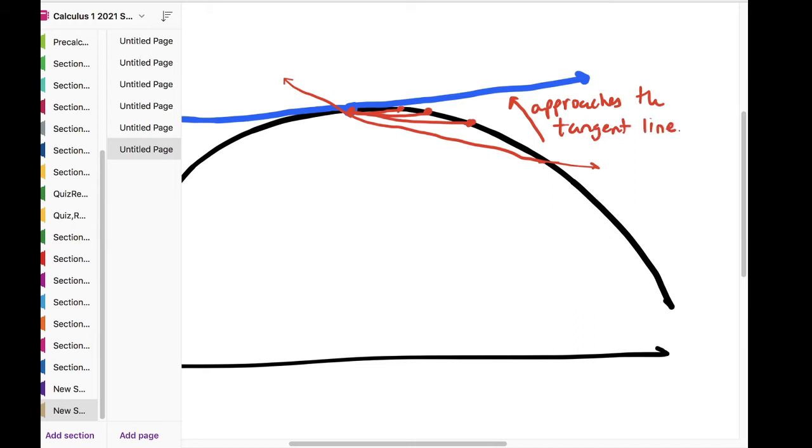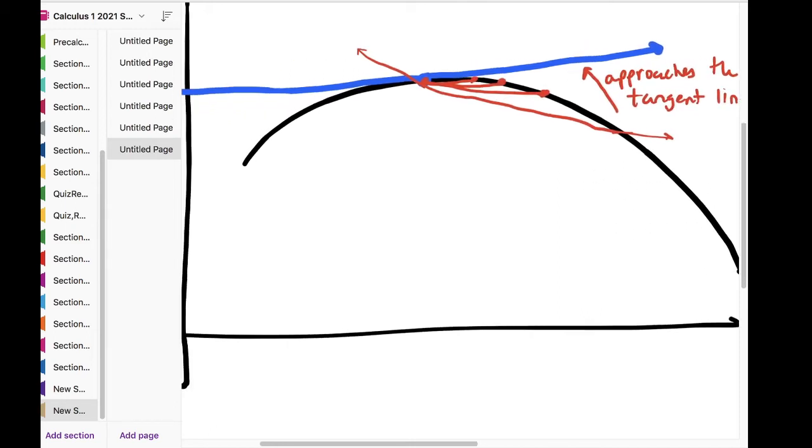So what's something that you know is that when you're really close to connecting the two dots, right? Would you agree that, well, first of all, this is happening. That these distances between the tangent line and the secant line are decreasing.